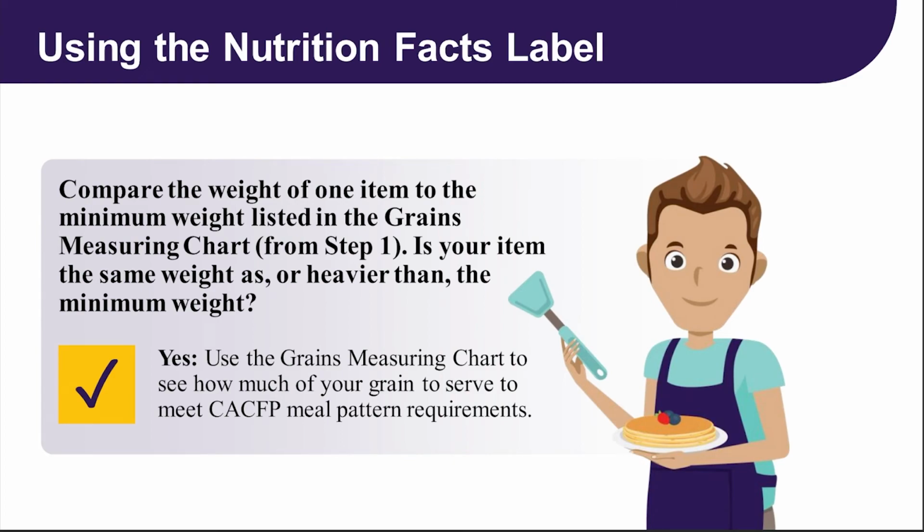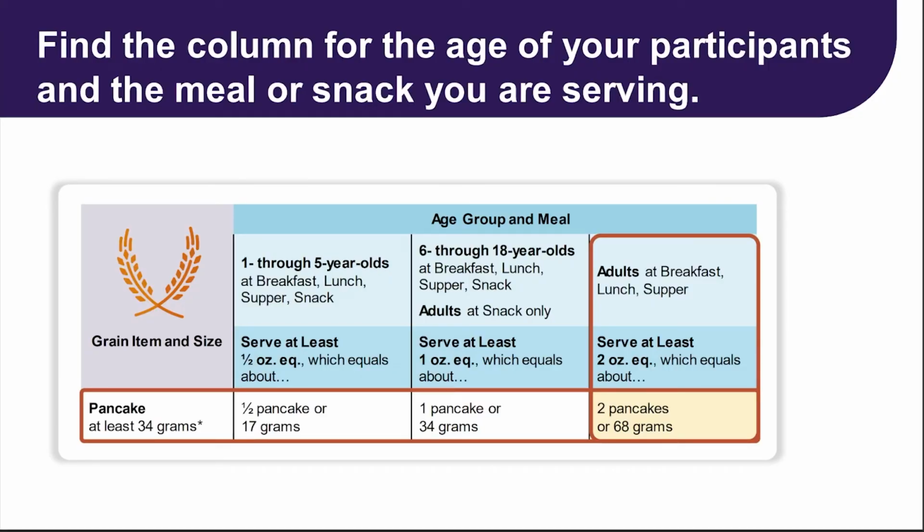If the weight of the item you want to serve is the same weight or heavier than what's listed on the grains measuring chart, you can use the grains measuring chart to see how much of that item you need to serve to meet CACFP meal pattern requirements. So now we proceed in the same way we did with all the other examples. Let's say you want to serve bran pea pancakes to adult participants at breakfast.